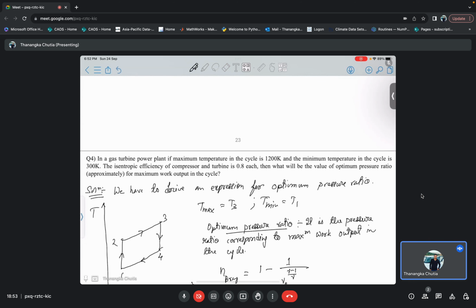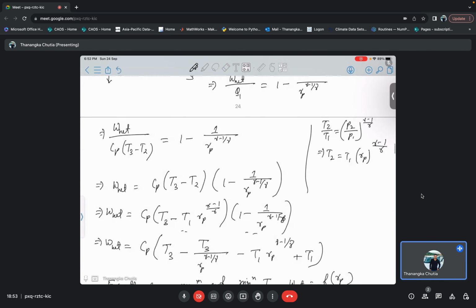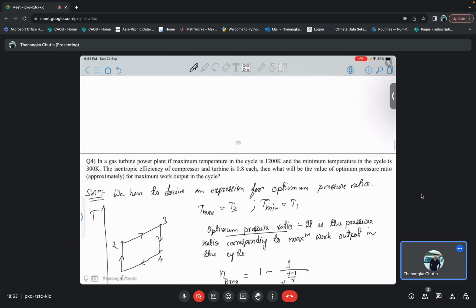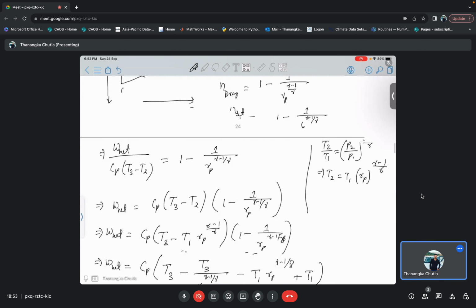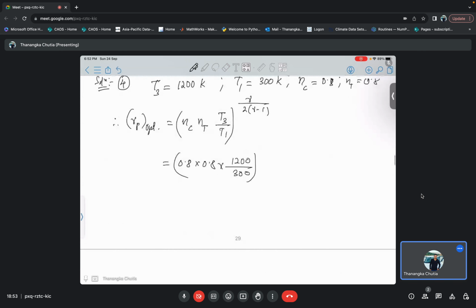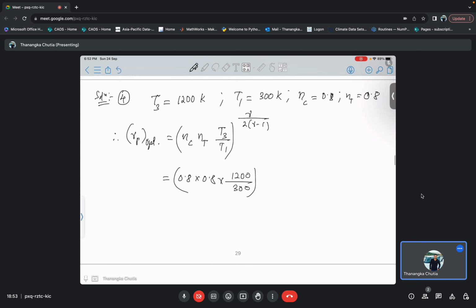It's a gas turbine power plant, so gamma will be equal to 1.4. 1.4 divided by 2 into 0.4.